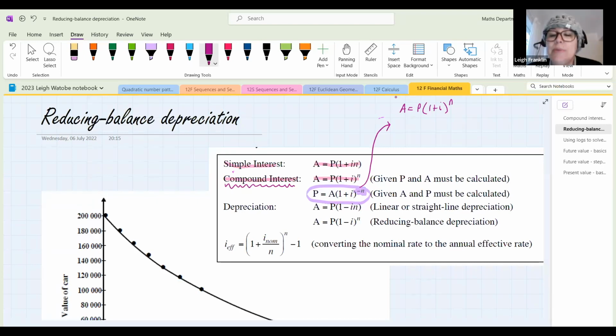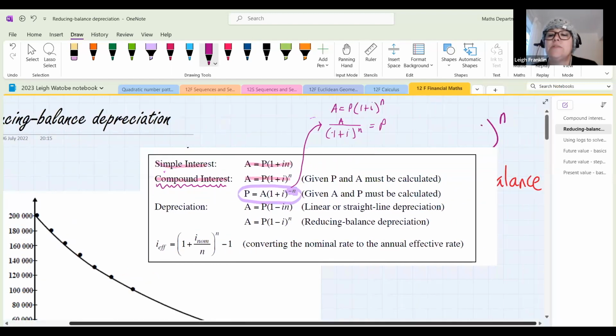What's actually happened here is this. When we make P the subject, we divide both sides by the bracket. So in other words, A over (1 plus i) to the power of n is equal to P. And then what we've done is that we have taken that base, the 1 plus i, into the numerator, and we have changed the sign of the exponent.